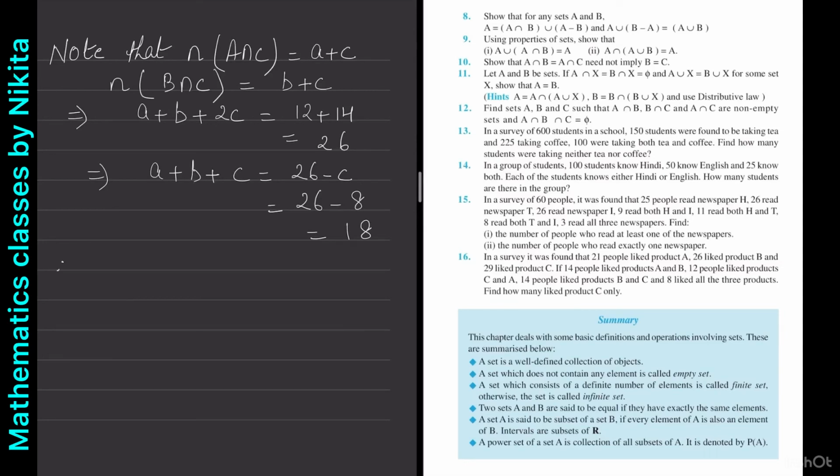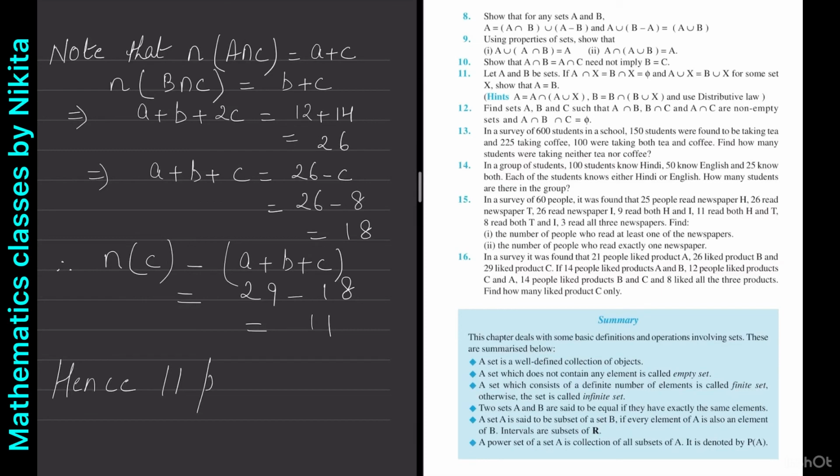So therefore n of C minus (A plus B plus C) is equal to n of C, which is 29, minus 18, which is equal to 11. So hence 11 people liked product C only. So this is how you have to do the question.